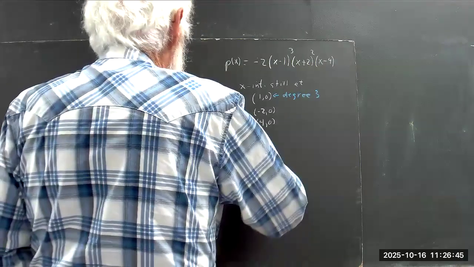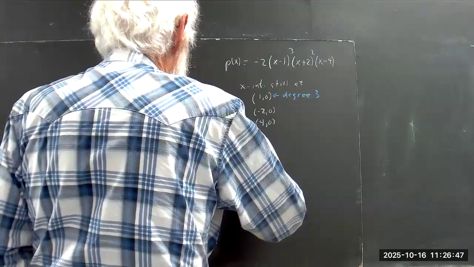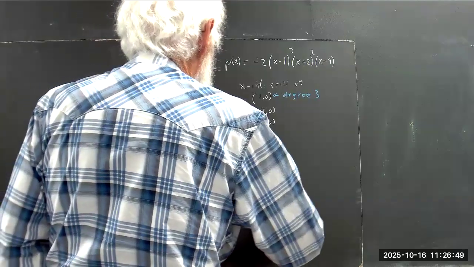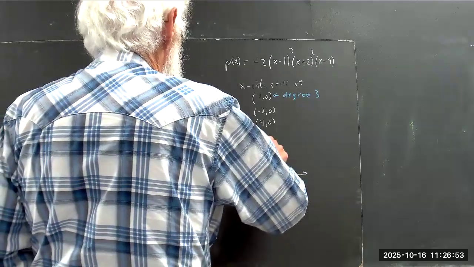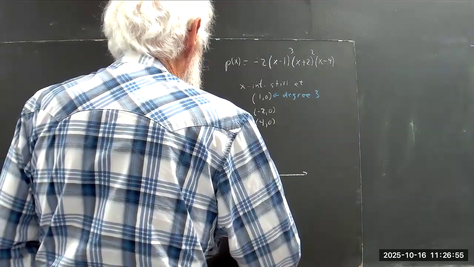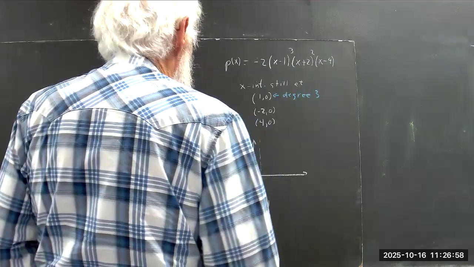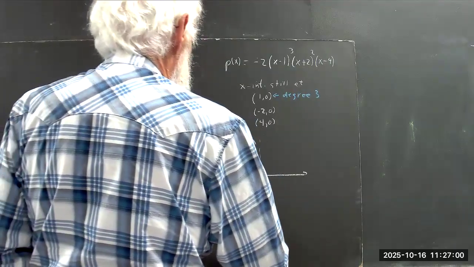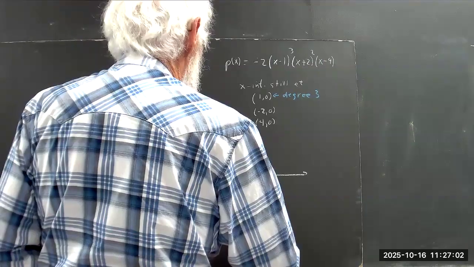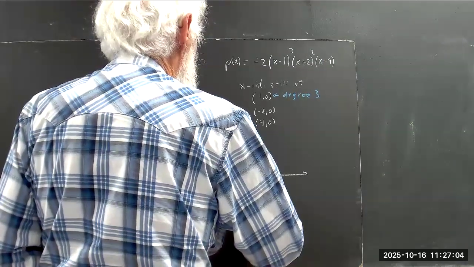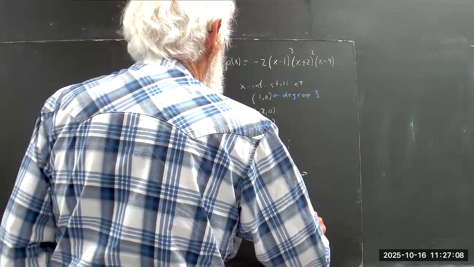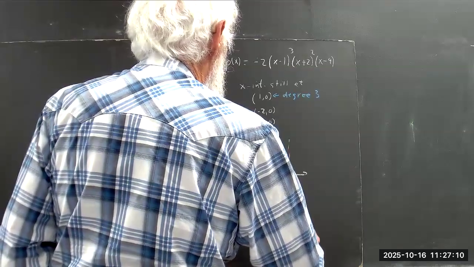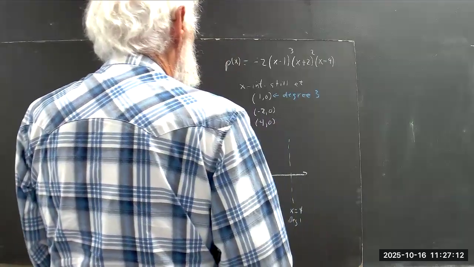So if we want to graph this thing this time, we've got an x equals 1. The graph is going to act like a cube. At x equals 4, it's degree 1.